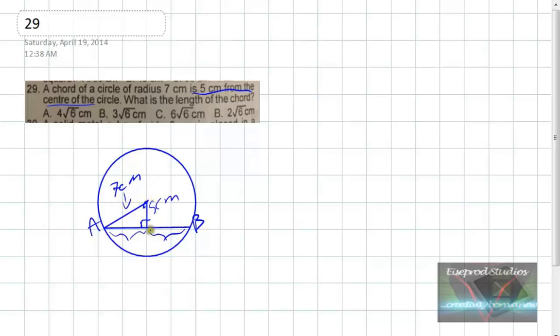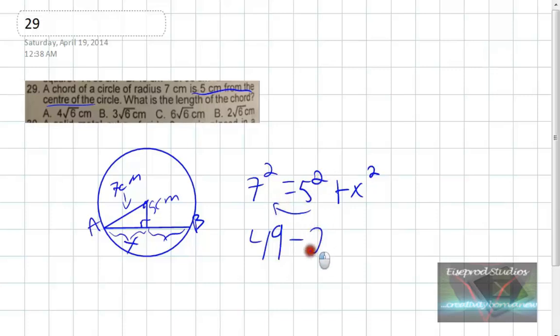So we see we have a right triangle, and so we know by the Pythagorean theorem that 7 squared will be equal to 5 squared plus this missing side, which I'll call x, x squared. So we can solve for x by taking 49, which is 7 squared, minus 5 squared, which is 25.